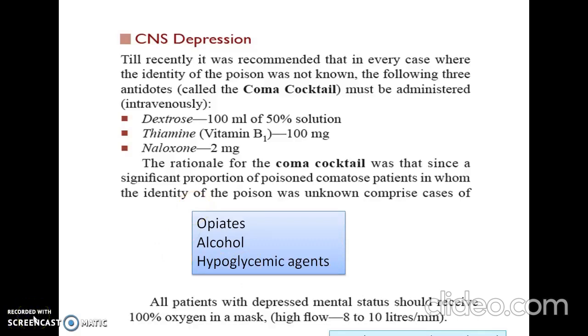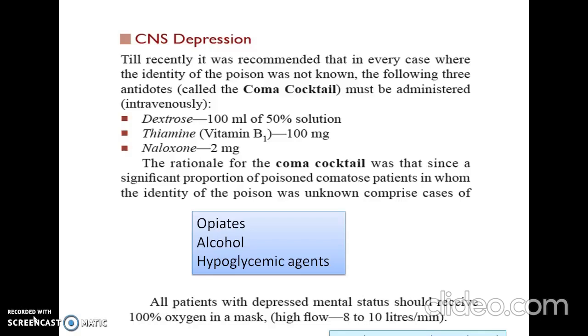Naloxone is used in the cocktail mixture in the comatose patient because it may block the opiates, as unknowingly the nature of the poison may be any of these three. And the dextrose in the combination may overcome hypoglycemic responses resulting from many of the agents ingested.